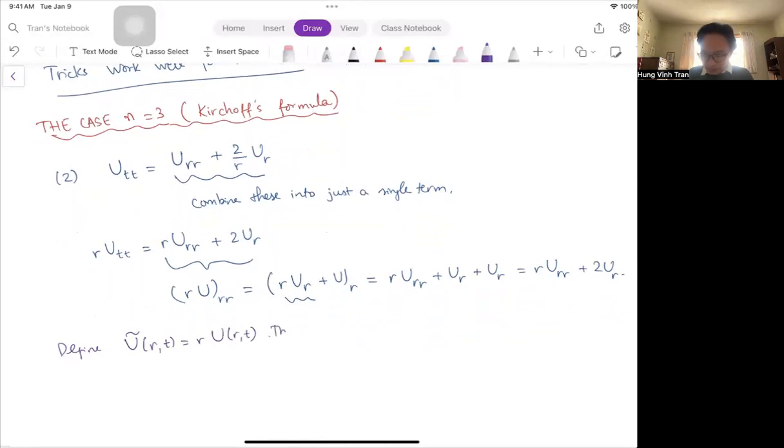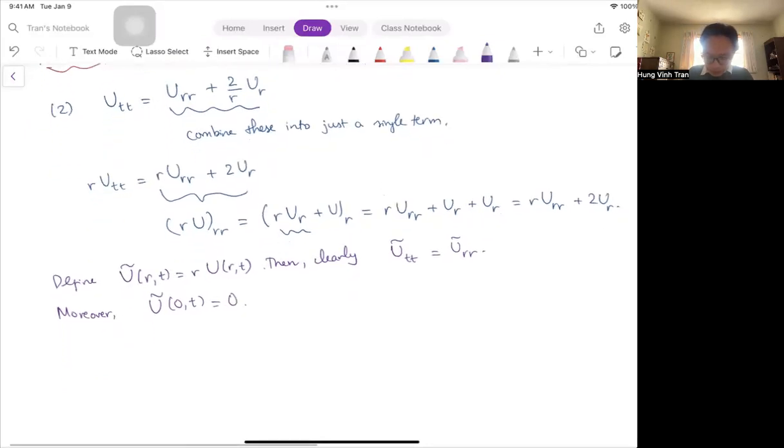Then clearly u tilde_tt equals u tilde_rr, so it does really solve the wave equation in the first quadrant. And moreover, because u tilde of r,t equals r times u of r,t, we do have that u tilde of 0,t equals 0, which is really remarkable.